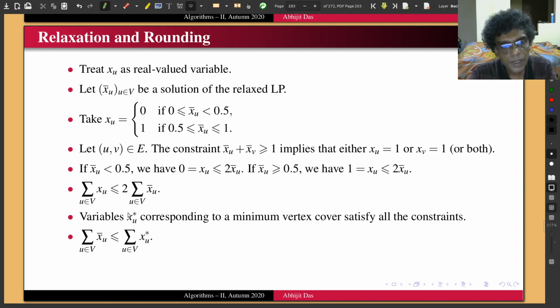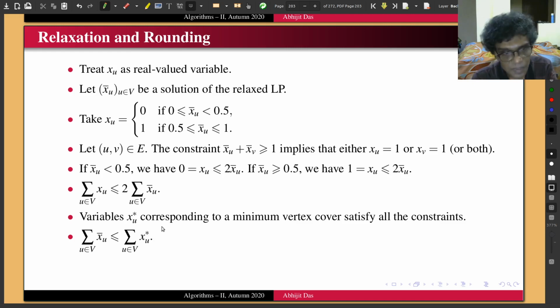Therefore, I now piece together all these inequalities. This is the size of the final vertex cover. This is less than or equal to 2 times this, and this sum is less than or equal to this, so this is less than or equal to 2 times this.